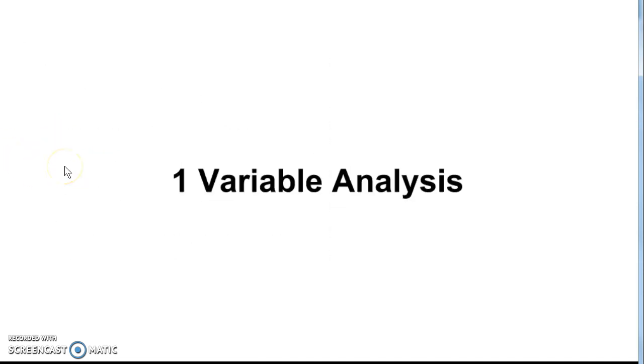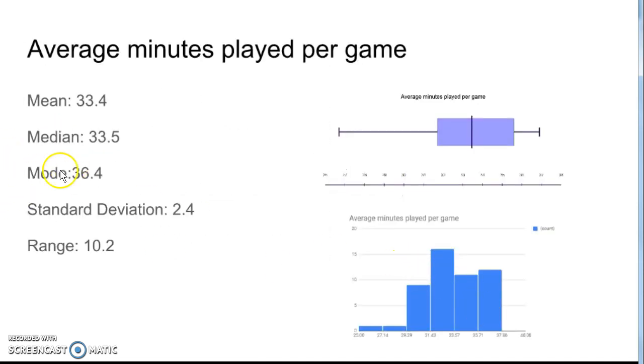Onto the mode now. The mode being 36.4 was partly illustrated here, but I'll explain this. It shows that there's a higher range of values, and more players got values in the range between around 35.71 and 37.06, and more got between 31.43 and 33.57.